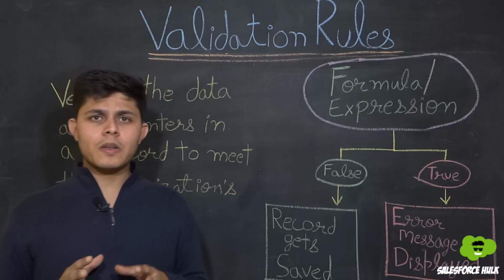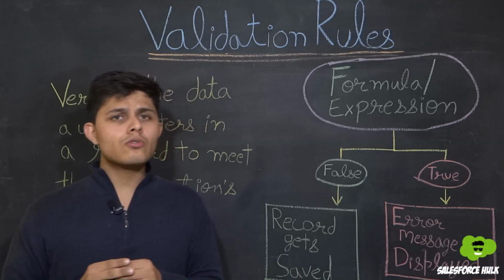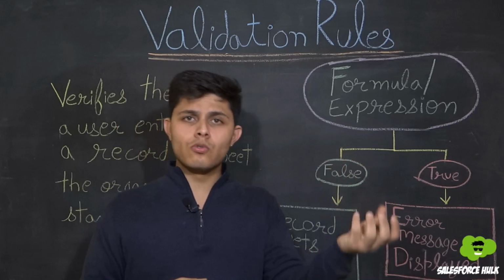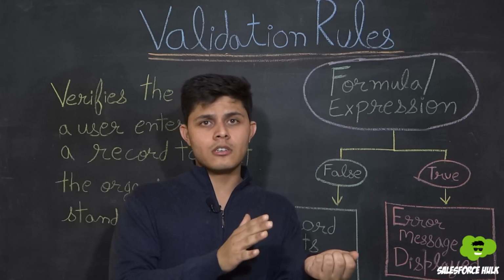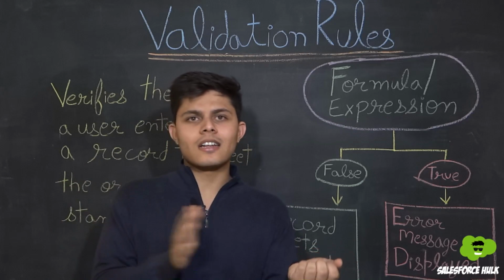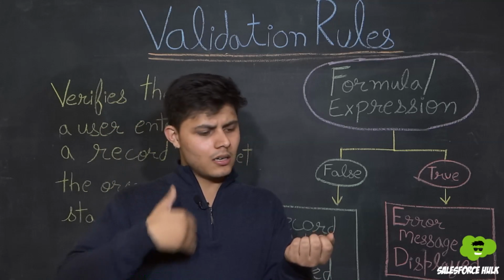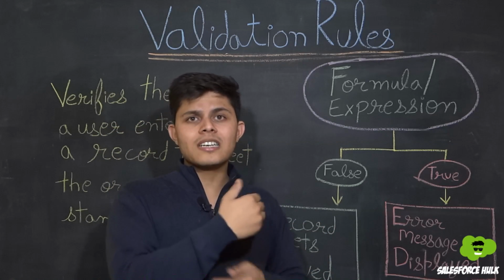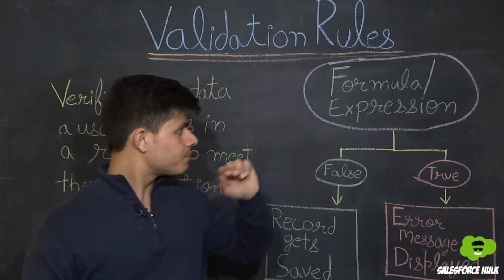Okay, now let me explain to you what a validation rule is and what it consists of. A validation rule is basically a simple rule which gets evaluated or executed whenever a record gets saved. Like when you are creating it and when you are editing it. So whenever you are saving that record or clicking on that save button, the validation rule on that particular object gets executed. And a validation rule only consists of two things.